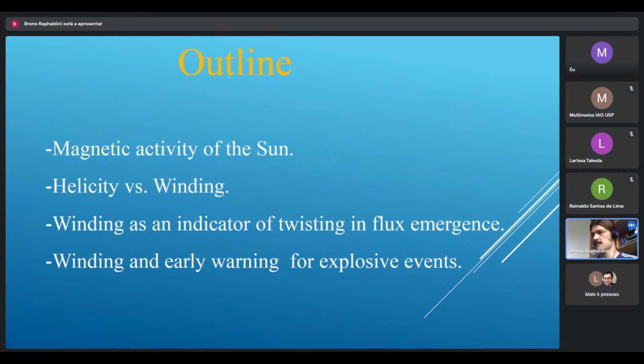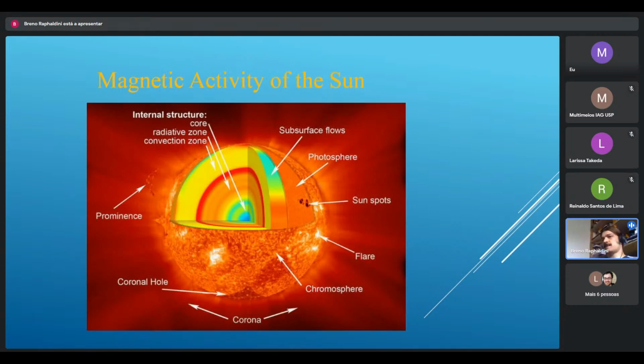So, as you know, the sun is a star whose interior is composed of several layers. Here you have the radiative zone that rotates as a solid body, and above the radiative zone there's a convection zone, where we believe the dynamo of the sun operates, which means that this is the place where we believe magnetic fields are generated in the sun.